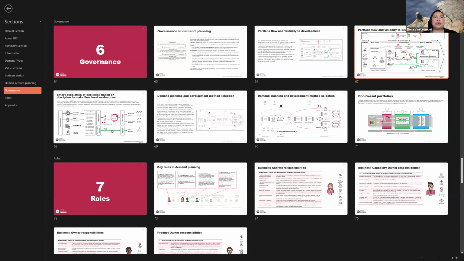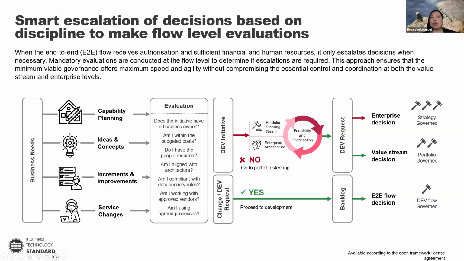And in the BTS, we have a minimum viable governance principle, which essentially means that you have a checklist of how you evaluate this type of initiative or demand so that you're able to take it forward in a way that is simple and not too heavy process-wise. So if you look here, if you have answered yes to any of these questions, then yes, you can proceed with your development.